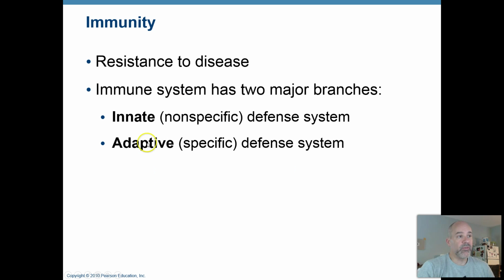The adaptive immune system or defense system is sometimes also called your specific immune system, because this is the more powerful branch of your immune system.